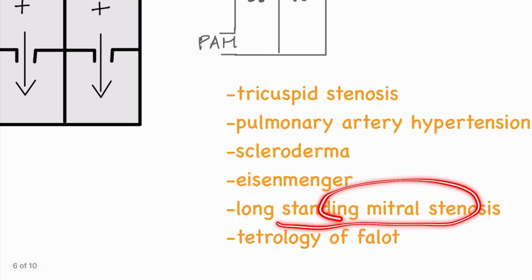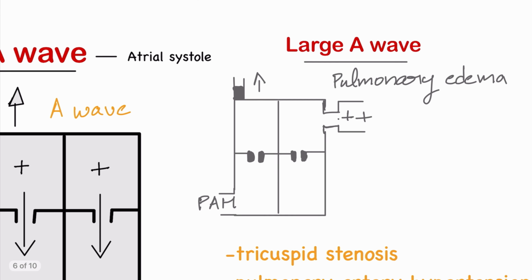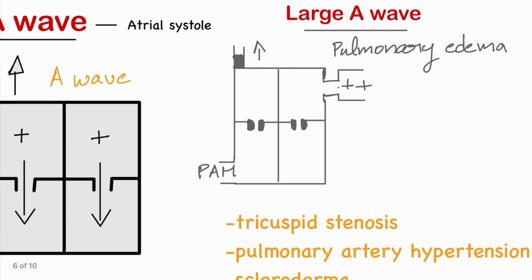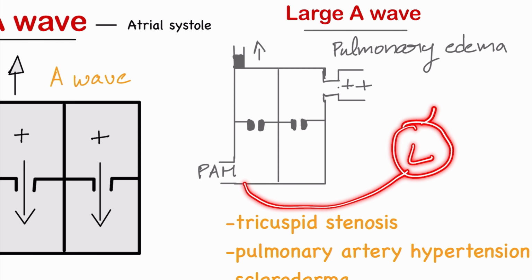And how does mitral stenosis cause large A wave? The mitral valve is over here. So basically, the pulmonary artery is connected to the lungs, and from the lungs it is connected to the left atrium through the pulmonary vein.